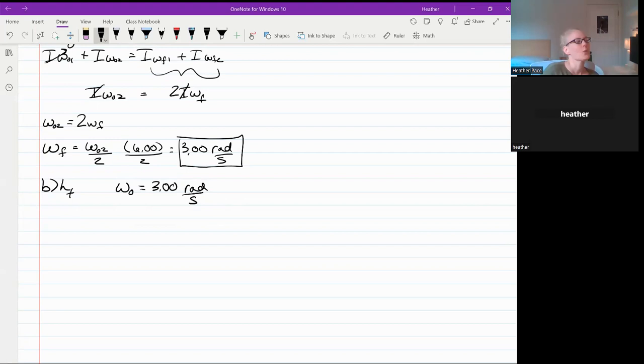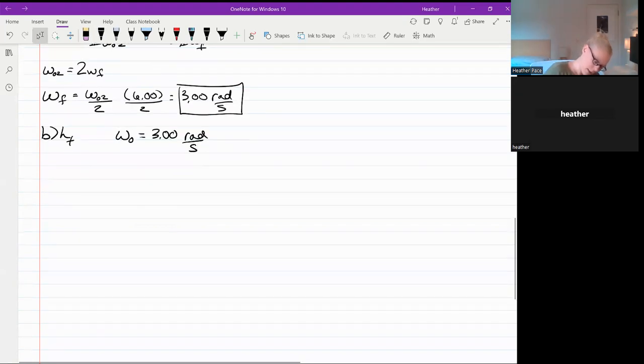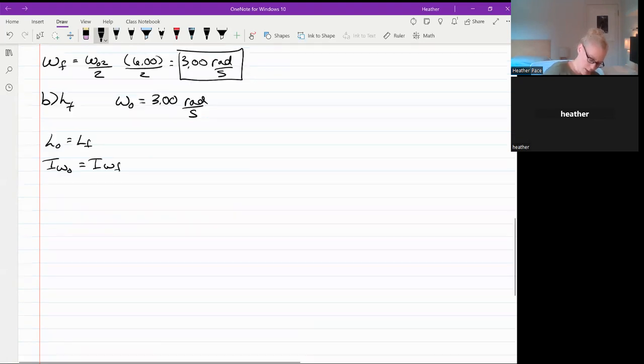Okay, so we can look at the same thing that we looked at last time. We can say L naught equals L F. And so then we have I omega naught equals I omega F. Omega naught we have from the previous one.